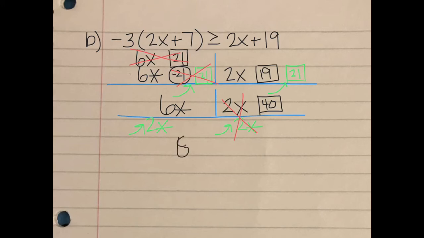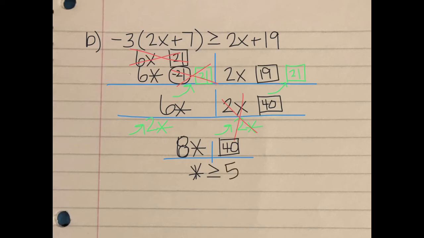I have 8 stars, which is equal to 40, or I should say greater than or equal to 40. And that makes each of my stars greater than or equal to 5.